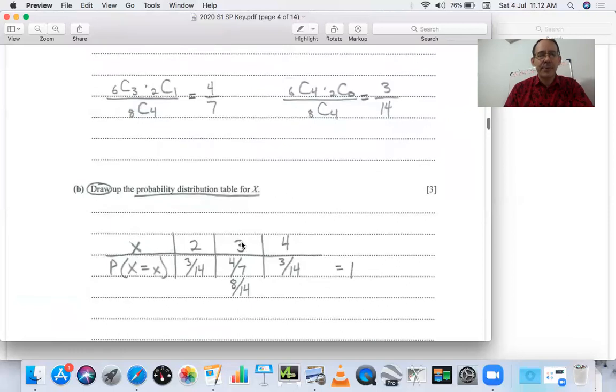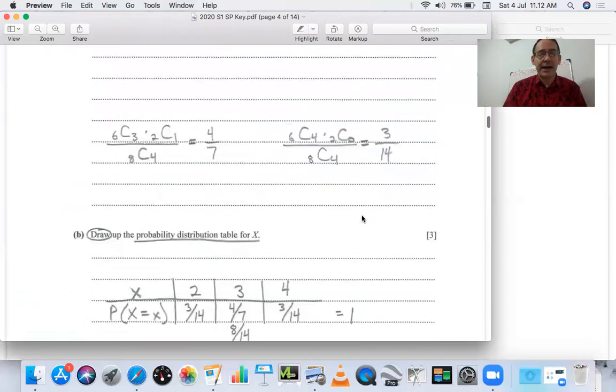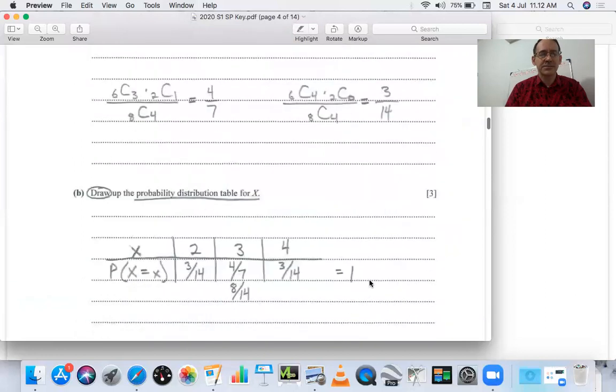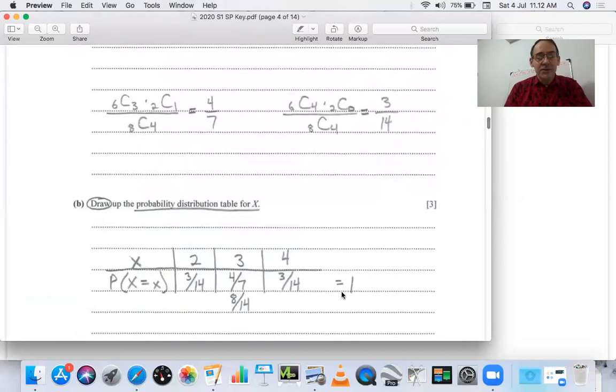Now for 3 paperbacks, by the way, there's 6 paperbacks and 2 hardbacks. So this is the number of paperback books. So at most, because she's only selecting 4 books total, then out of those 6 paperbacks, at most, she can only select 4 because she's only choosing 4 books.